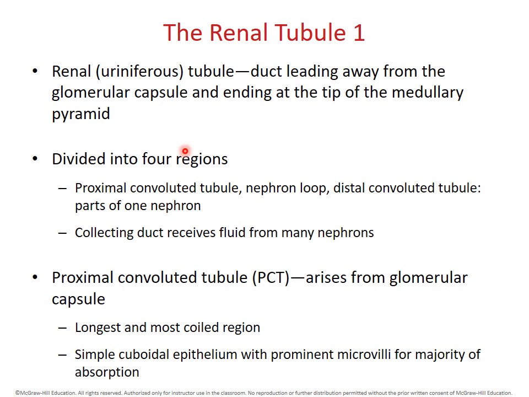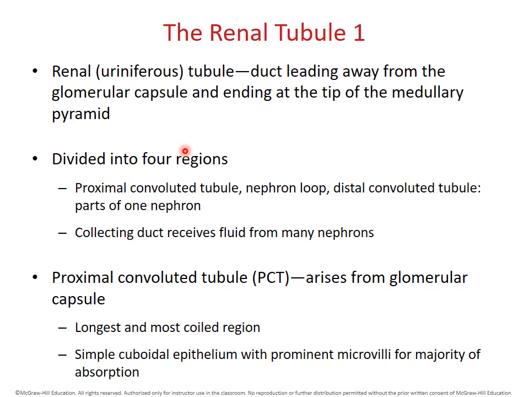And so the tube that leads away from the glomerular capsule, even though it's continuous with the parietal layer, is not the same kind of epithelium. It is composed of simple cuboidal by the time it becomes a tube. All right, so now we can talk about this renal tubule, of course, that originates at the urinary pole and begins the tubular portion of the nephron.